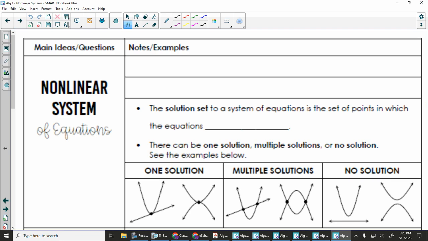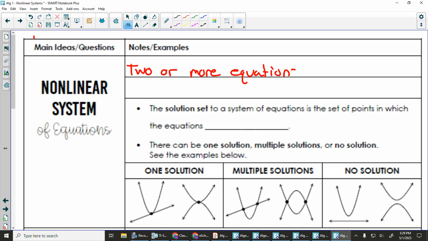Okay, so first of all, nonlinear systems of equations. What do I actually mean by that? Well, two or more equations, because that's what makes a system, right?